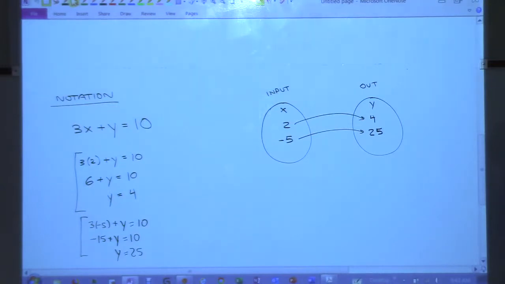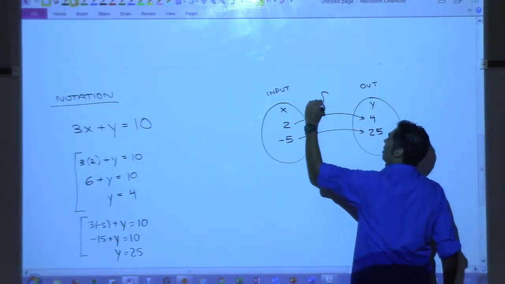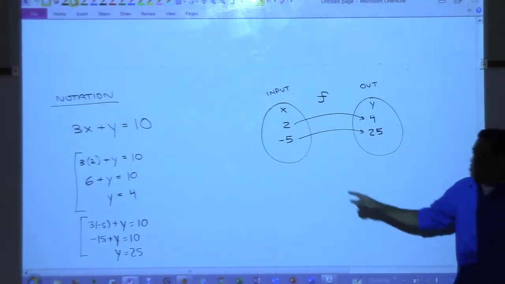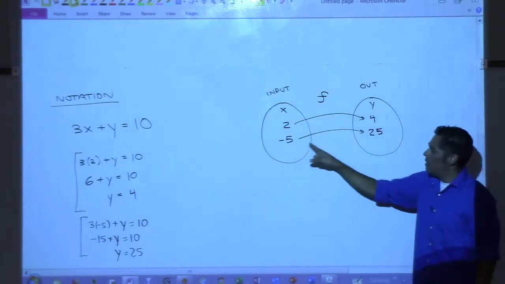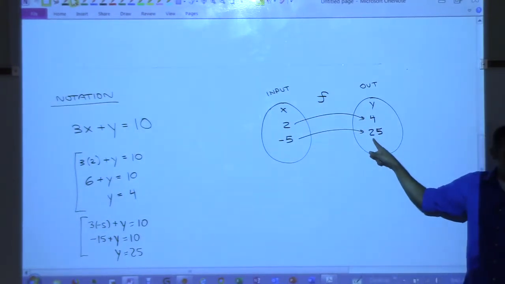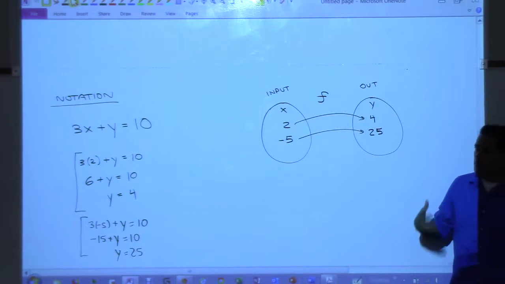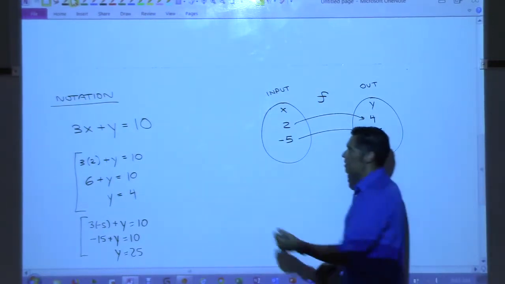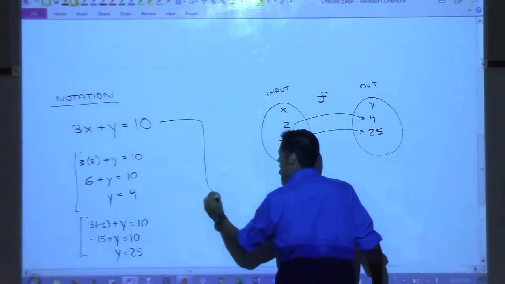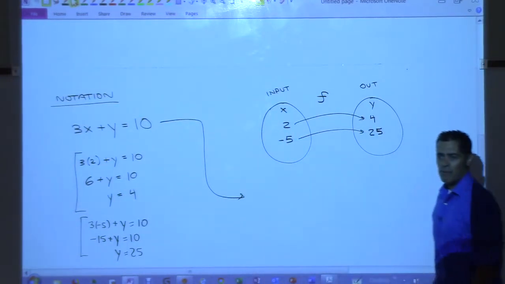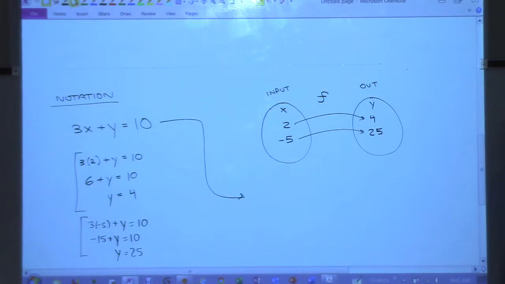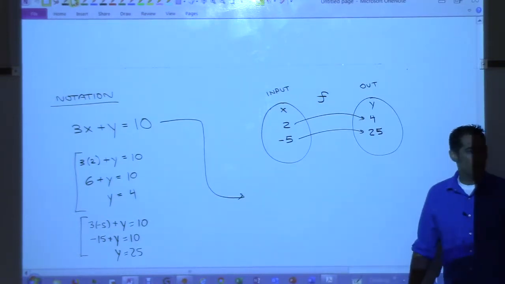Now, there's some machine that's doing this, right? There's a machine that's taking 2 to 4 and negative 5 to 25. And what we'd like to do right now is figure out what that machine is. So the way we do it is we go to this original equation. Does anyone know what I'm about to do? I'm going to solve for y.